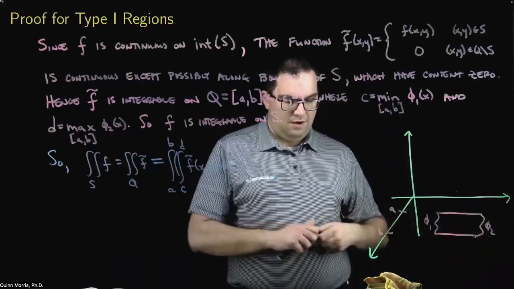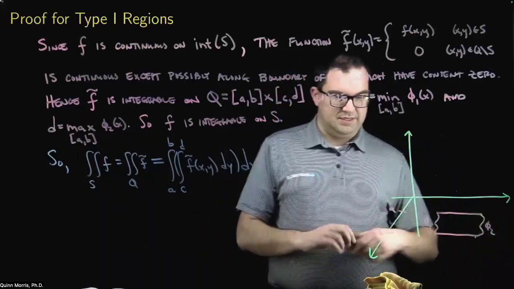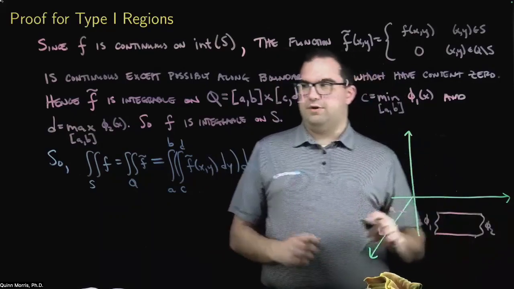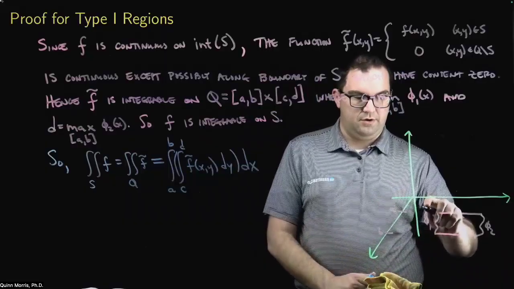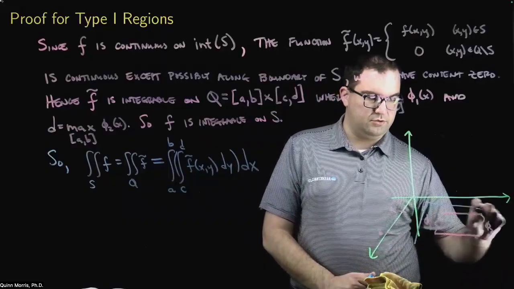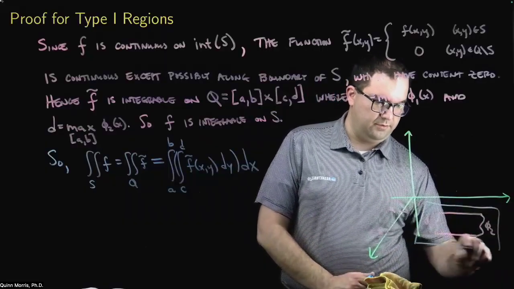Now I've embedded this inside some rectangle. The way I've defined this rectangle is fairly tight, so I'm going to make it a little bigger just to help illustrate some points.